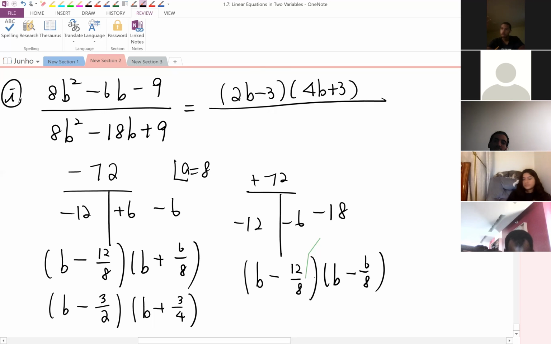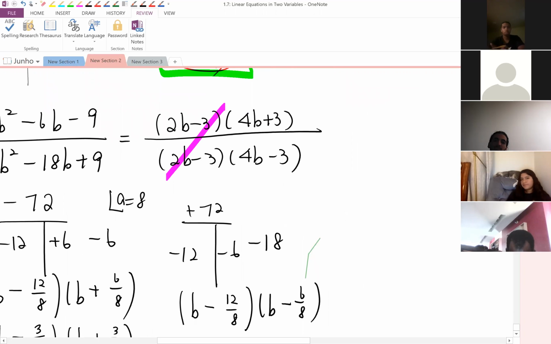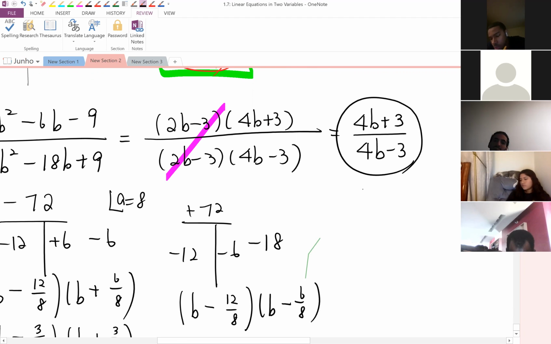So 2b minus 3 and 4b minus 3. Right. So cancel the same factor, which is this one. So the answer becomes 4b plus 3 over 4b minus 3. That will be the final answer for this problem.